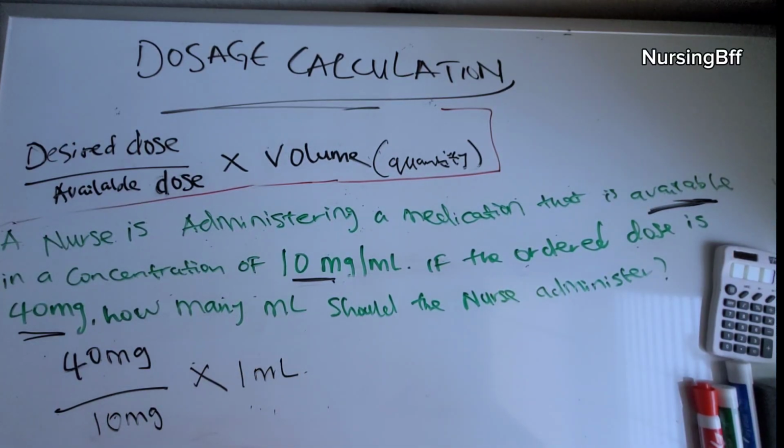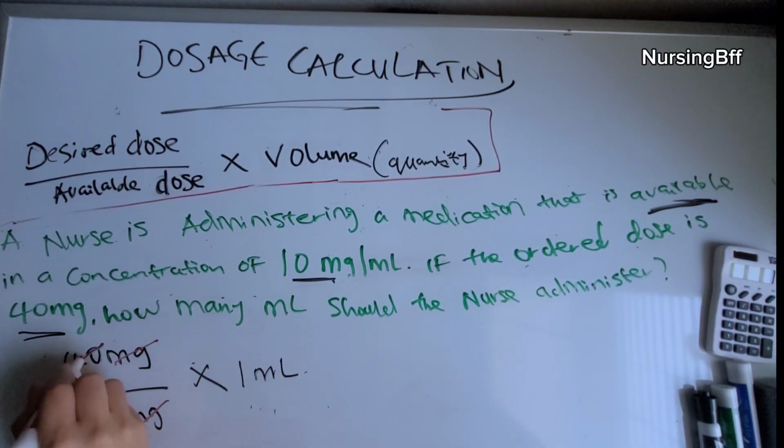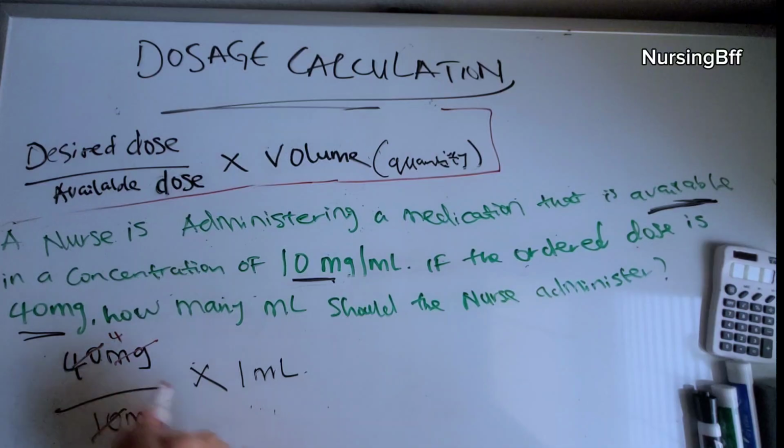You understand? So you could solve this now. Mg cancels mg. 40 divided by 10 is 4. 4 times 1 is 4 ml. That's how much you're going to give. You see how easy it is? Super easy, right?